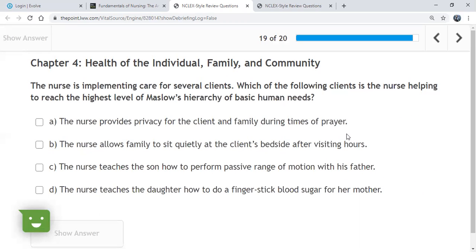Self-actualization. So what would that incorporate there? A, I heard. Anybody else? A for sure.